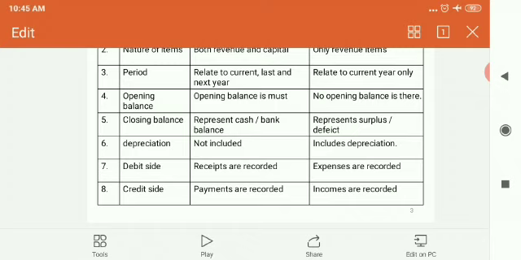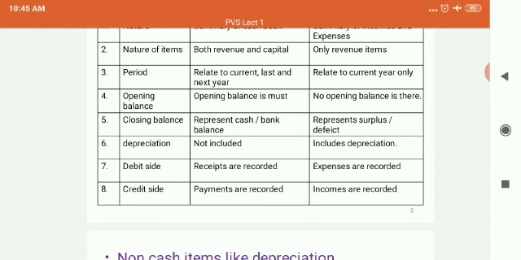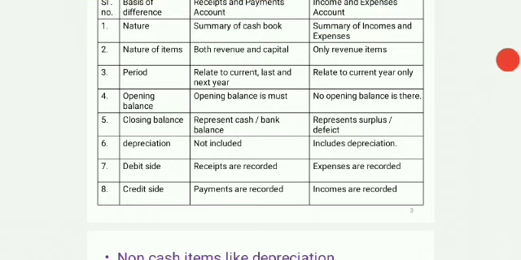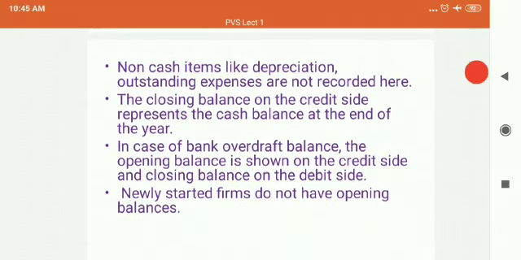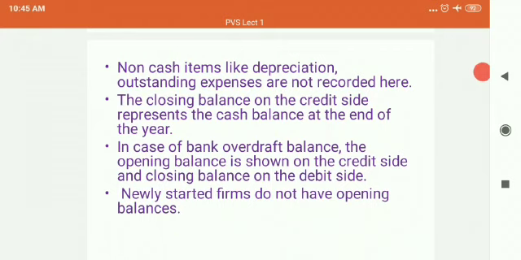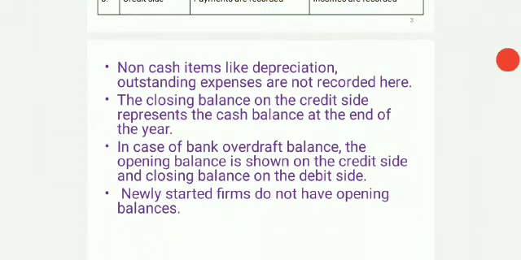The debit side of the receipts and payments account represents the receipts. The income and expenditure account debit side represents the expenses. In the receipts and payments account, the credit side represents the payments. The income and expenditure account credit side represents the income. There are certain non-cash items like depreciation and outstanding expenses, which are not recorded in the receipts and payments account.